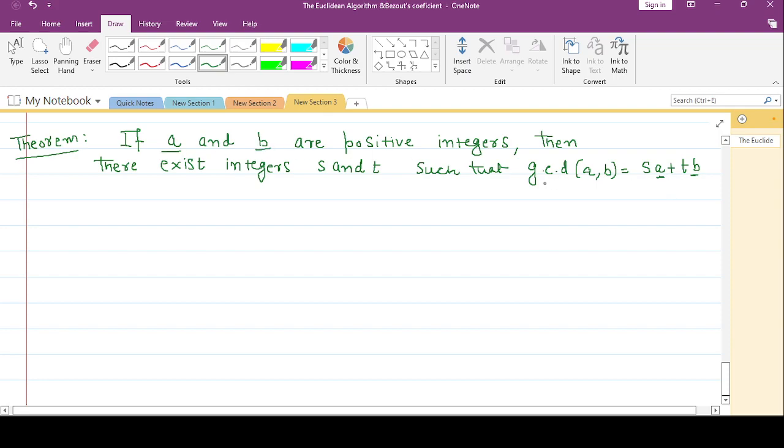So you see that we have expressed our GCD as a linear combination of given numbers.